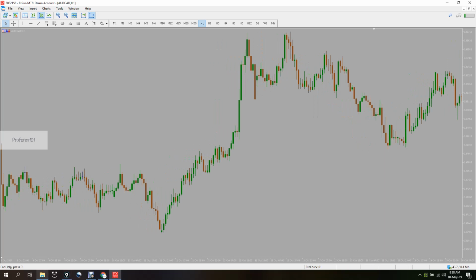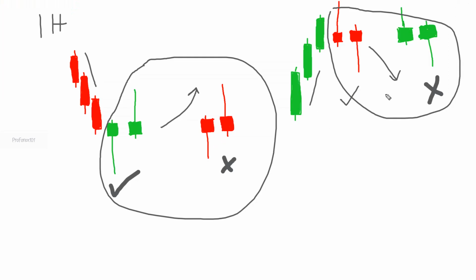So again, guys, depending on the location where the signal is, let's try to see if we can find an example where we are already in an uptrend and then we get a green exhaustion, and see if it worked out or not. Let's find an example of a failed exhaustion.